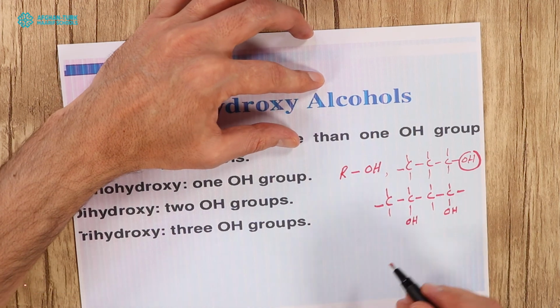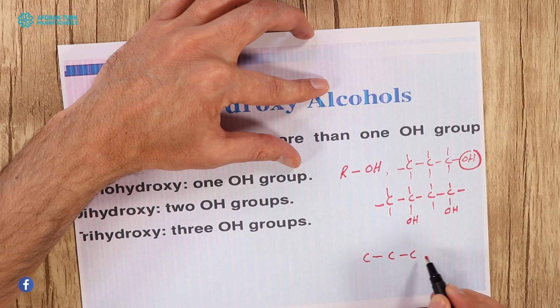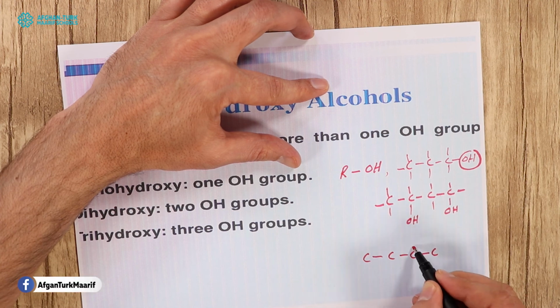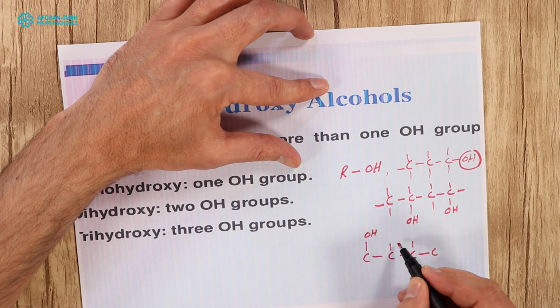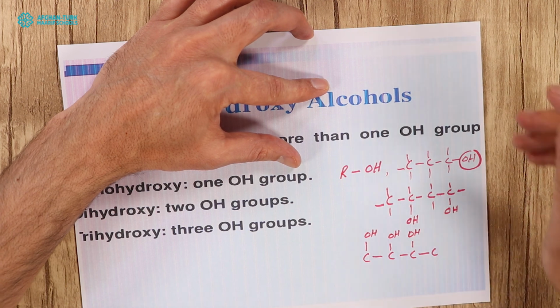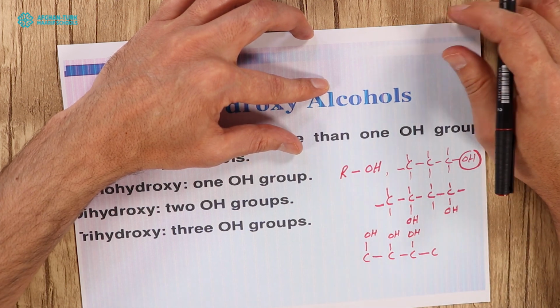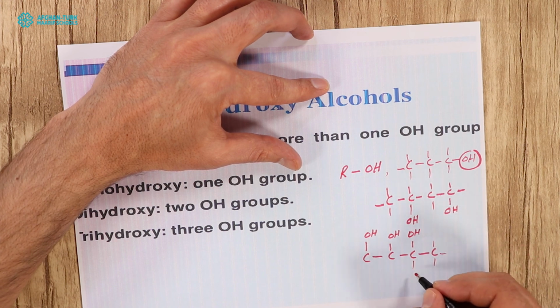And trihydroxy, for example, if you have the same compound and you have 3 OH, look at here, 3 OH is there. So we also call it polyhydroxy alcohols, or we can call it trihydroxy alcohols.